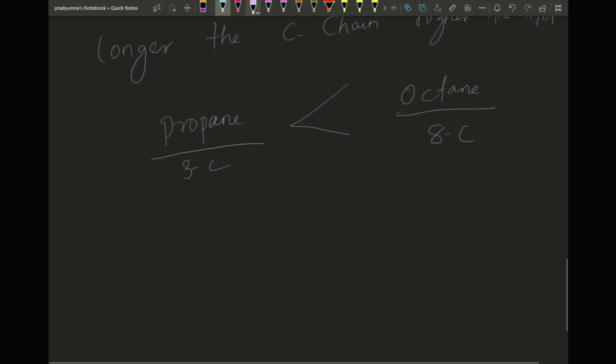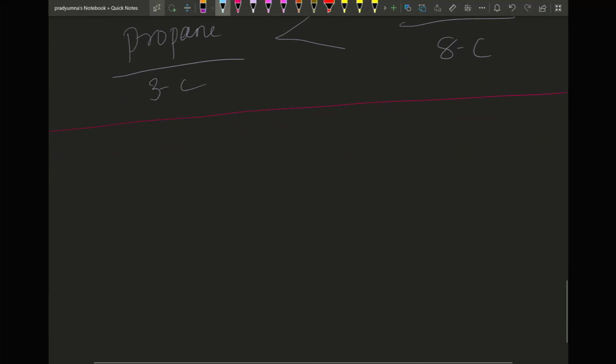Okay, so what if the chain is branched? Let's compare butane versus a branched one, which has a nickname called isobutane. We have drawn these two structures before, so let's draw butane. Butane is CH3, CH2, CH2, CH3.